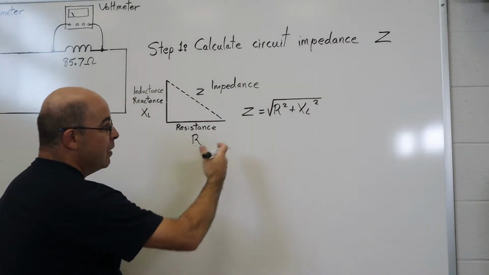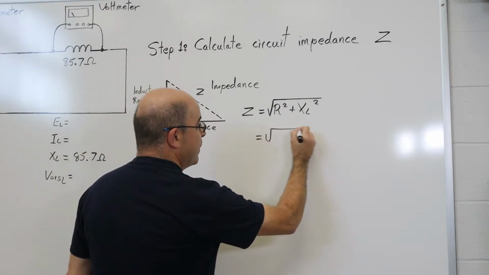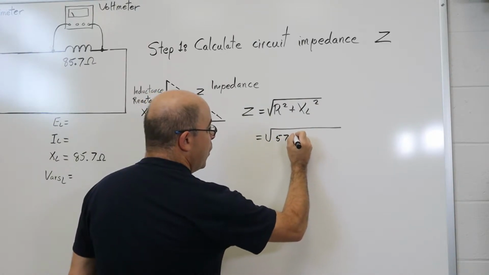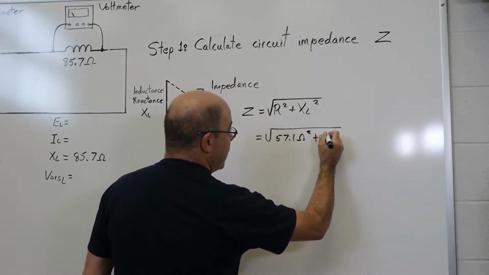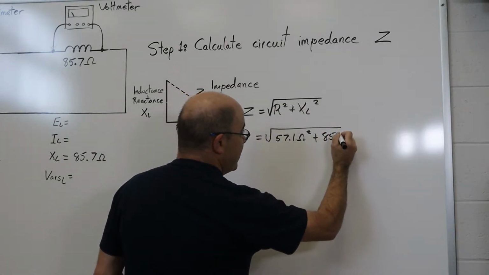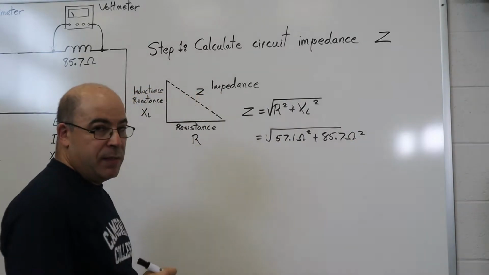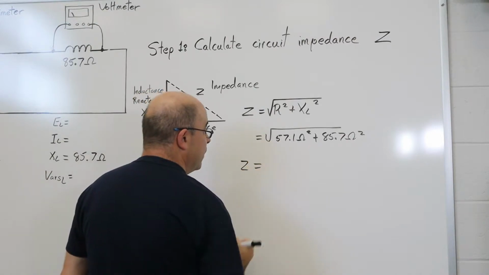In this case, I'm going to input our given values. We had 57.1 ohms squared plus 85.7 ohms squared. Now, we can punch this into our calculator.